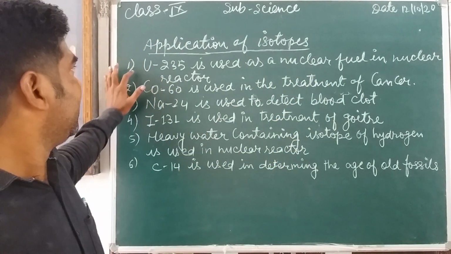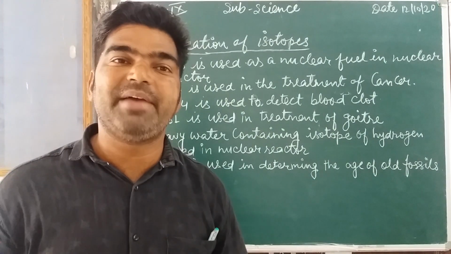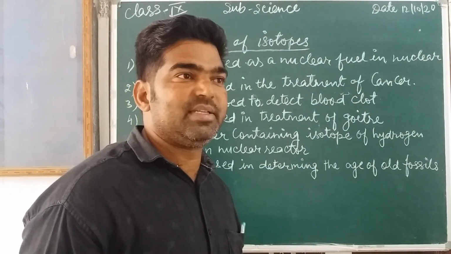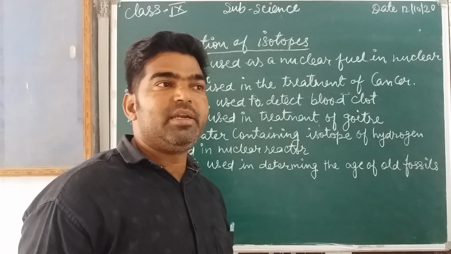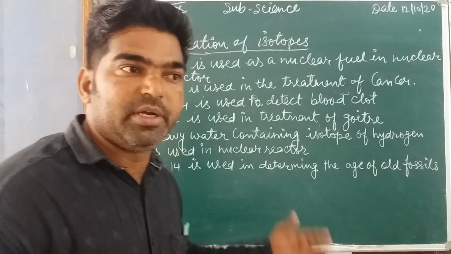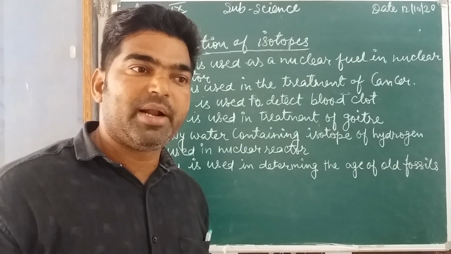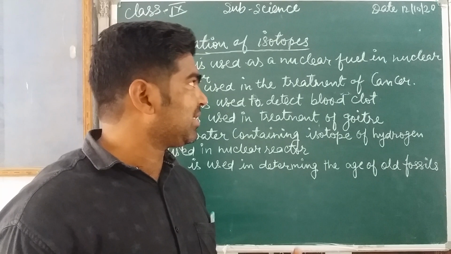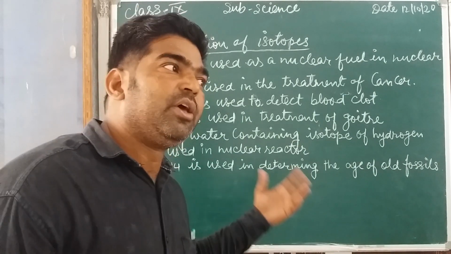First one is uranium-235. As I already told you, uranium-235 is used in a nuclear reactor to generate power or electricity. There are four or five nuclear reactors in India: in Uttar Pradesh at Narora, and in Tamil Nadu at Kalpakkam and Kudankulam.